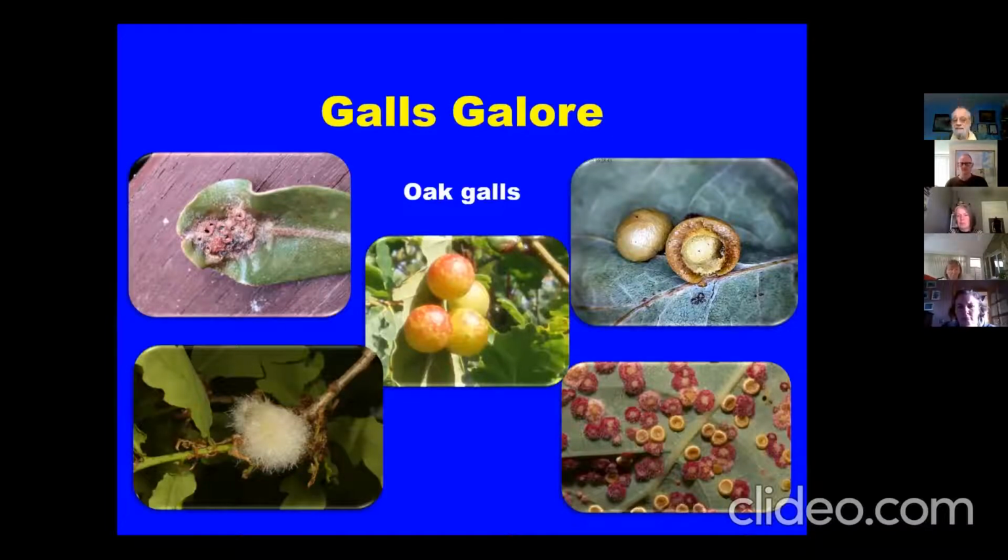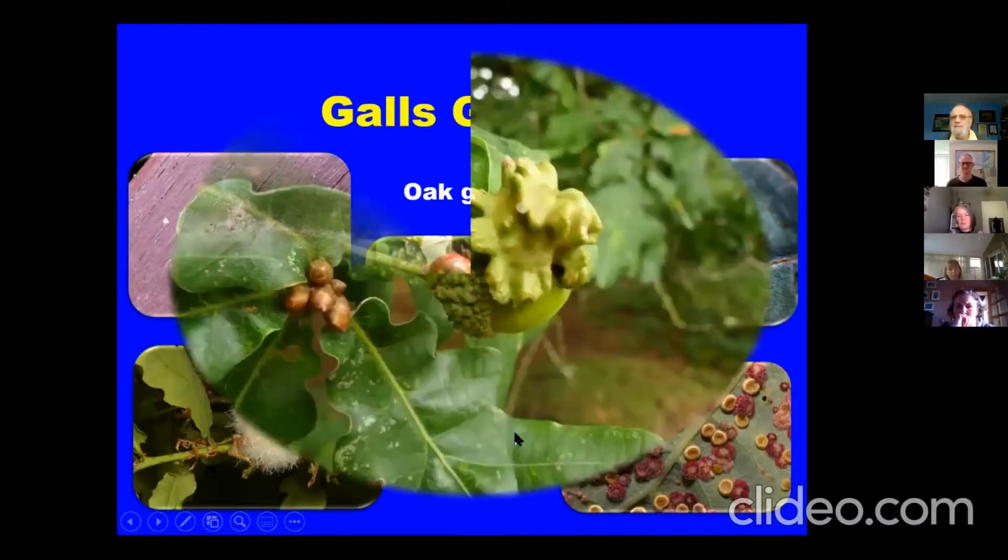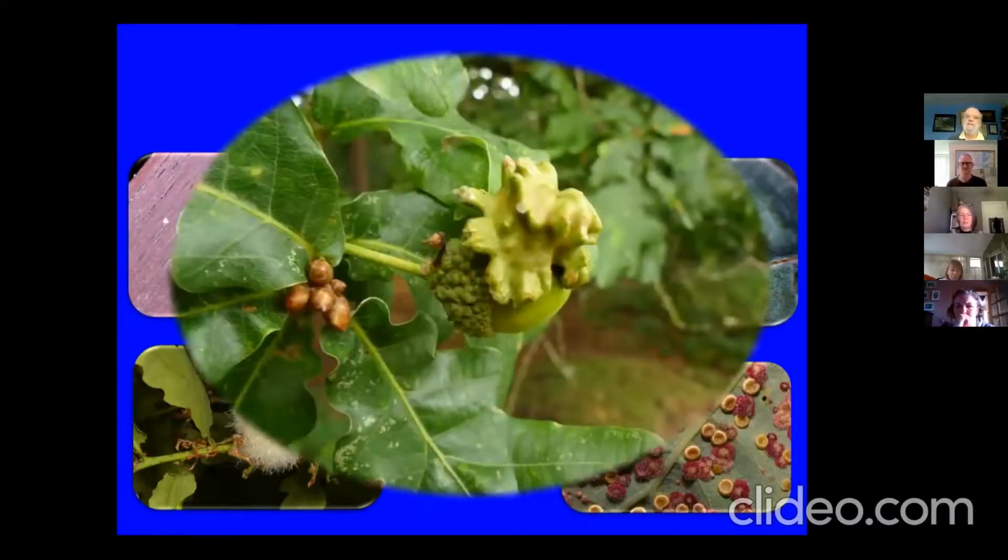And where people raise pheasants and other game birds, then the birds will feed on these galls. They're obviously like miniature meat pies to them. But with Cynips quercus folii, the galls stay on the leaf often, and you find them in the leaf litter still attached to the leaf.